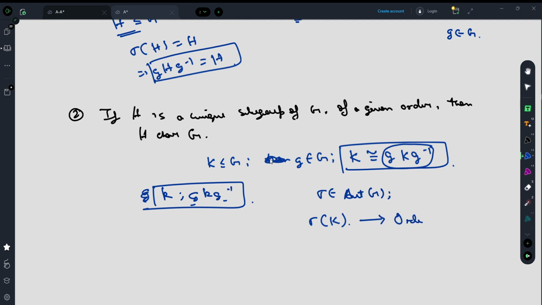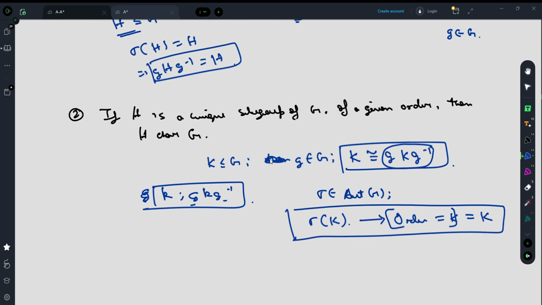Sigma of K is some subgroup of G which has order equal to K, but then that must be exactly equal to K, right? Therefore, K is characteristic in G. This was a specific example of the fact that an automorphism sends subgroups to subgroups of the same order. Okay, clear?